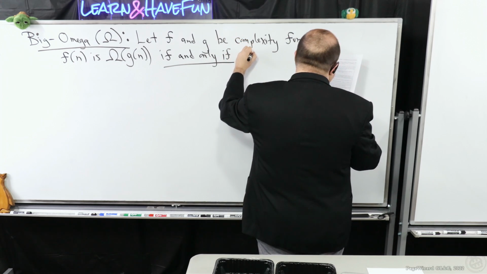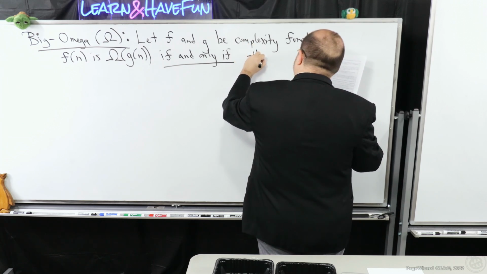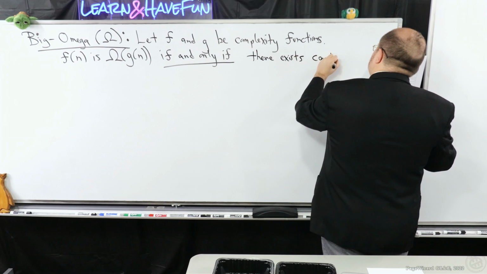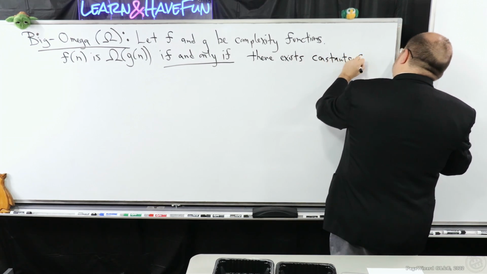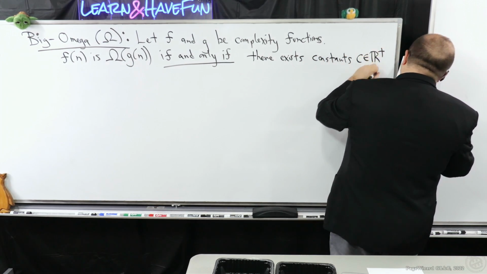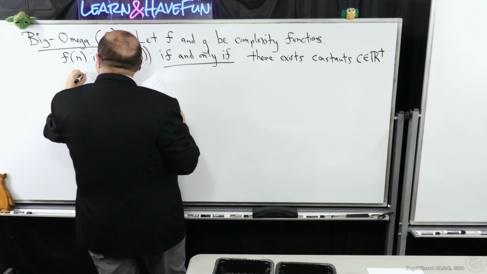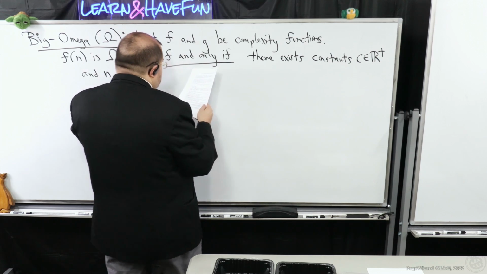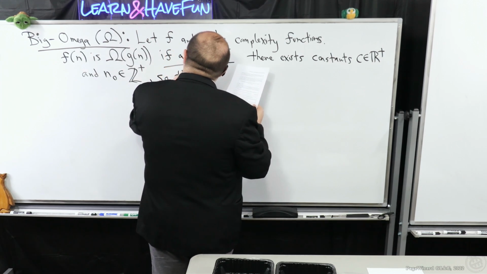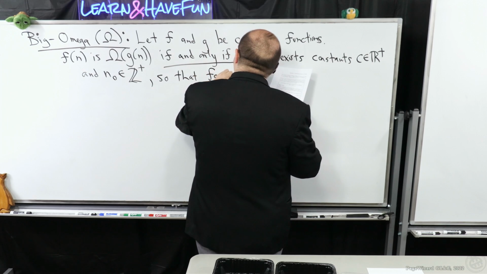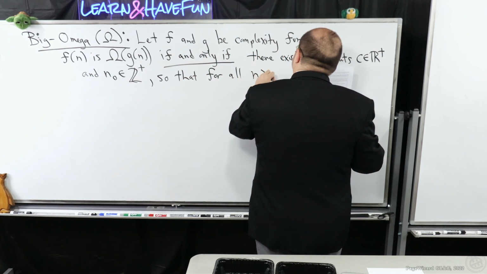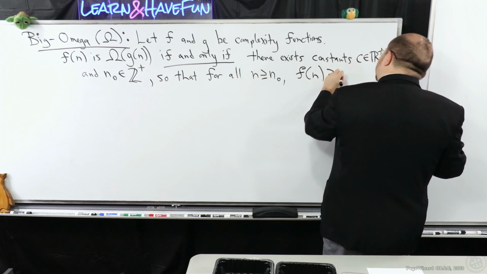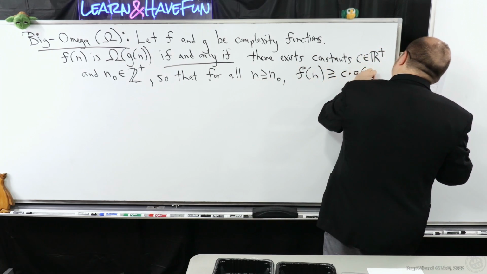If and only if there exist constants, c, which is going to be a positive real constant, and n0, which is going to be a positive integer, so that for all n greater or equal to n0, it has to be that f of n is greater than or equal to c times g of n.